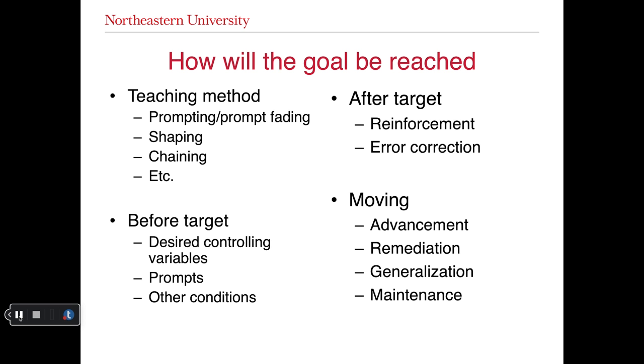And then, as most skills that we teach are not meant to happen solely within the context that we teach them, how will this goal be generalized? And then importantly, what are the expectations, or how are we planning for maintenance to occur? Remembering that when we teach skills in a really discrete setting in a really specific way, generalization and maintenance typically do not occur.